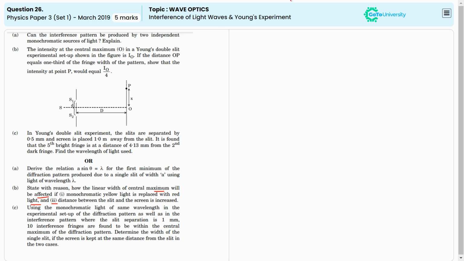Then we have beta is equal to 2 lambda D divided by a. In the first condition, when yellow light is replaced with red light, the central maximum will increase. In the second condition, when the distance between the slit and the screen is increased, this also increases.